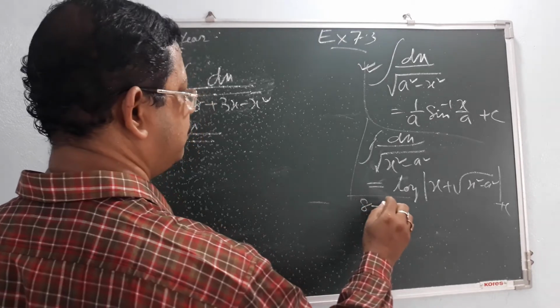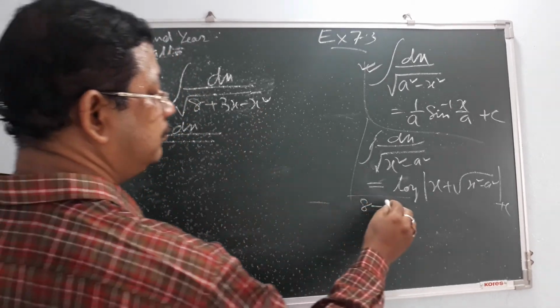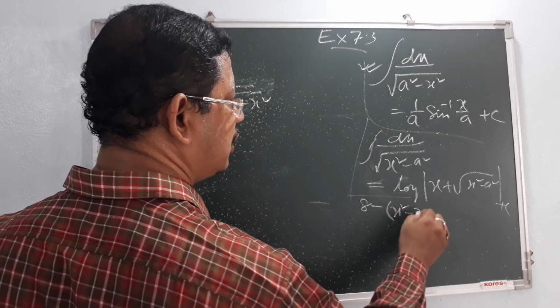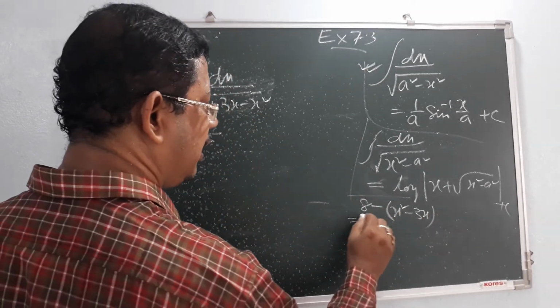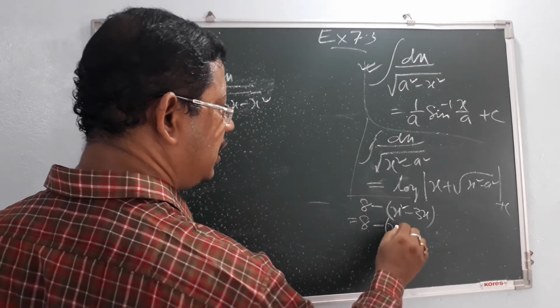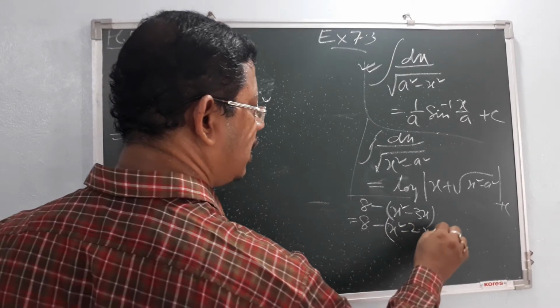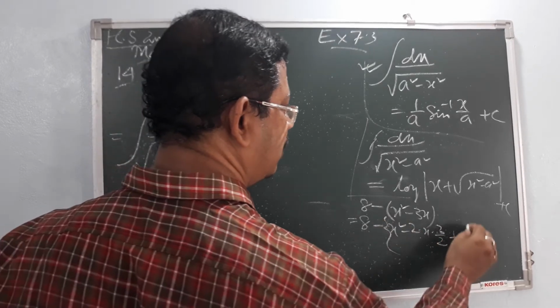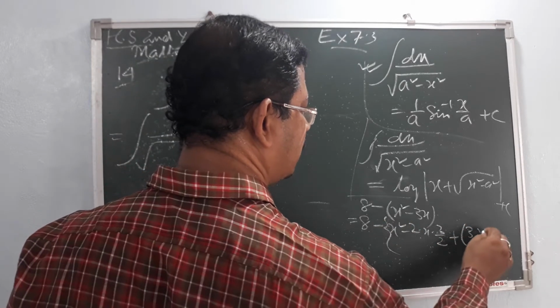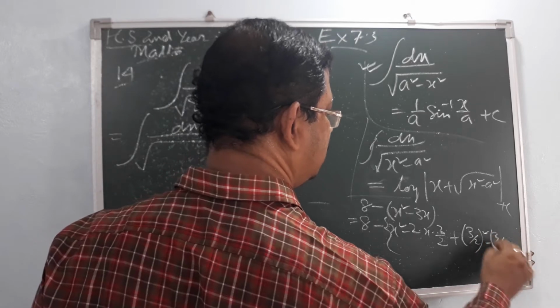8 minus, if we take common, x square minus thrice x. I can write instead of that this one, 8 then you see x square minus 2 into x into 3 by 2 plus 3 by 2 whole thing square minus 3 by 2 whole thing square.